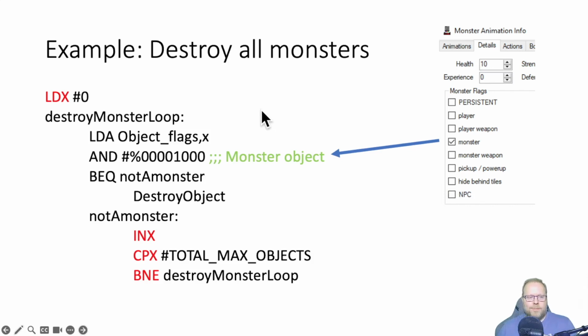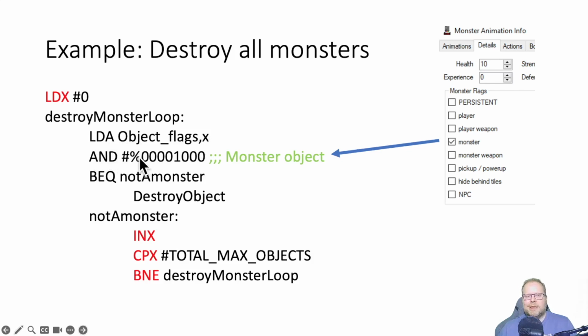Okay, so we're going to be looking at something we haven't talked about yet, so I'm not going to go too much into detail here. But I just wanted to show you how we could use a loop for something. So I'm starting out, like I said, loading X with 0. I create a label, destroy monster loop. So here I'm loading A with object flags. I'm using this AND thing.